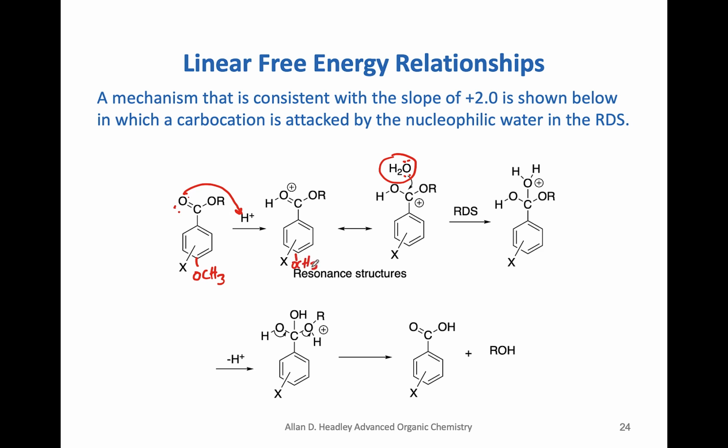But if this is the rate determining step here, it would prefer to have NO2, for example, because we have a nucleophile, electrons, attacking this carbon here. So we want this carbon to be even more positive. So those are the two different rate determining steps that are possible.